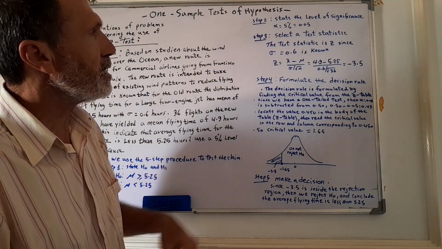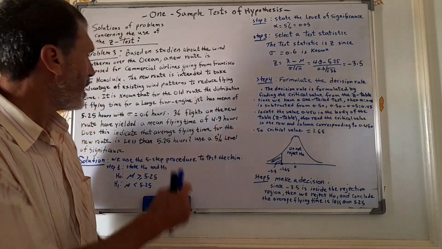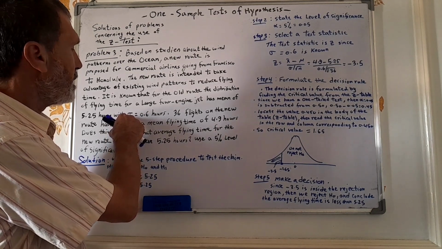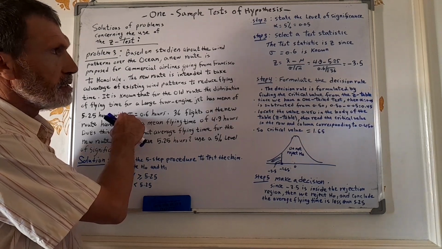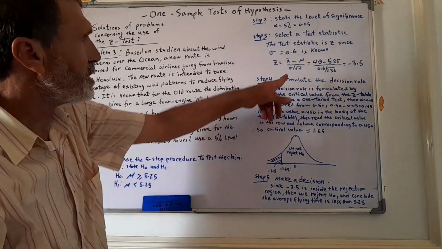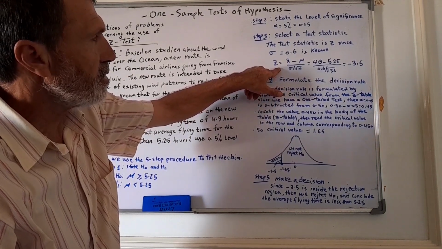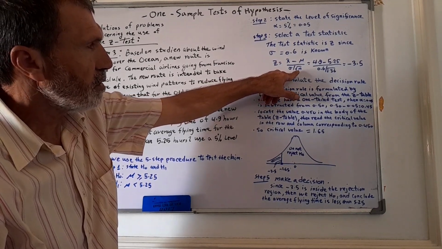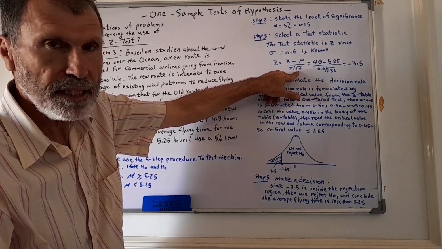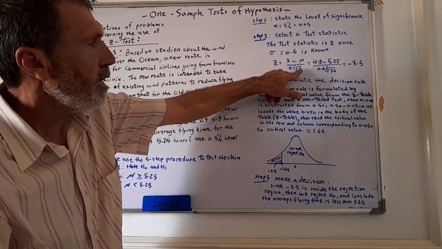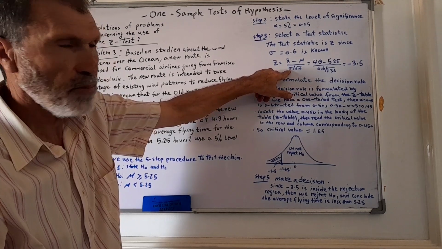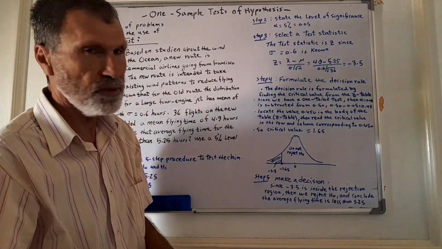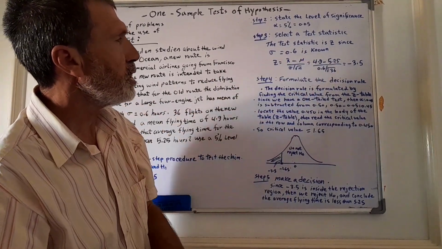Now step 3, select a test statistic. Since the standard deviation is known, the test statistic that will be used is Z, the Z test. The formula of Z is X bar minus mu over sigma divided by the square root of N, where N is the sample size, sigma is the standard deviation of the population, X bar is the mean of the sample, and mu is the mean of the population.